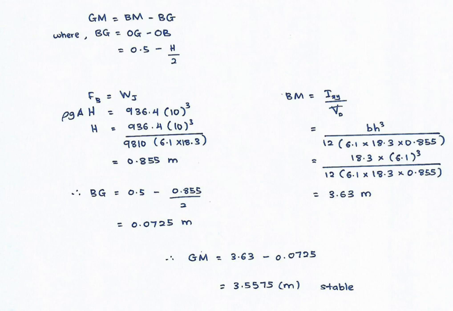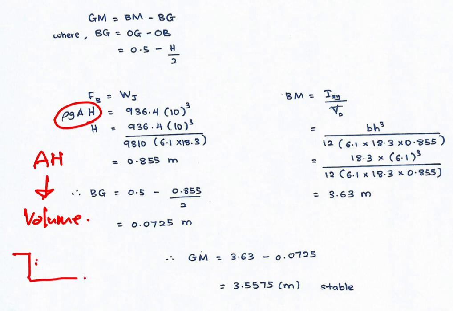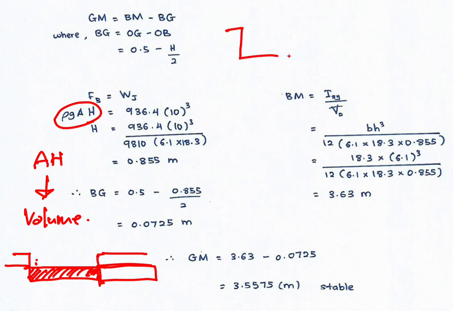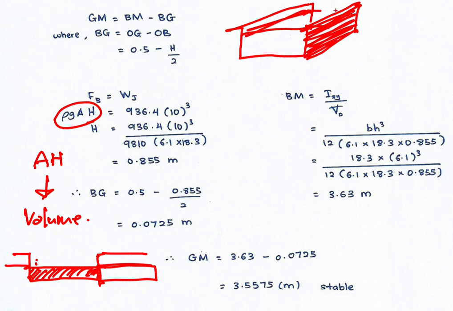The A here, we are calculating A and h, which give the volume. If we have a barge like this and this is the water, we need to calculate the volume of this part. A is the area, the length times the width in 3D, the top part here.